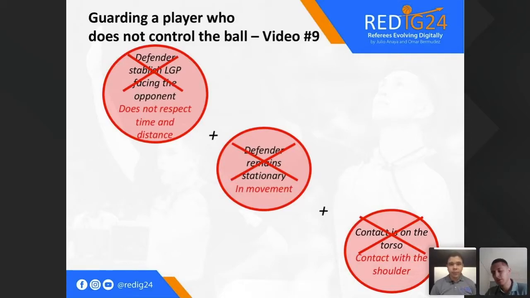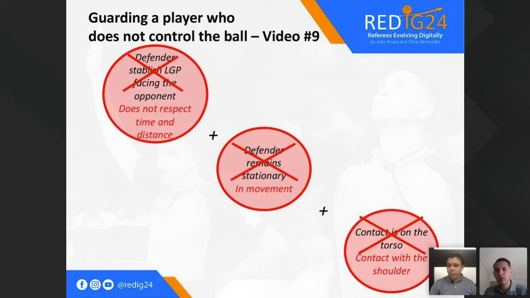Yes. Okay. So basically, as you saw in the video, the defender does not respect the time and distance. He's still in movement, and the contact was with the shoulder, but it doesn't mean we can only judge the contact with the elbow.